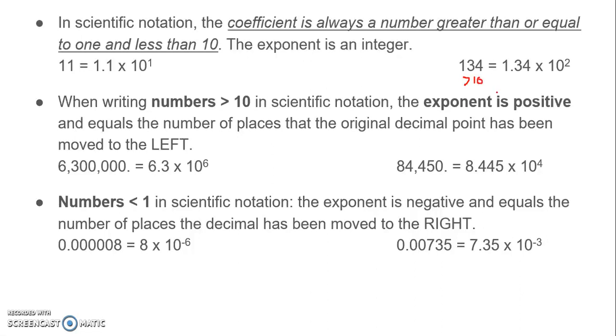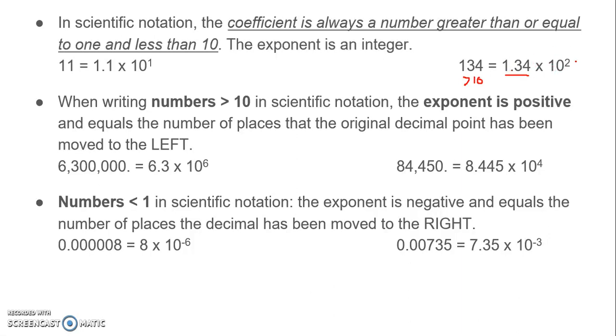So what we want is to make it into the product of a coefficient and 10 raised to a power. So we have 1.34, a number greater than 1 and smaller than 10, times 10 to the second.